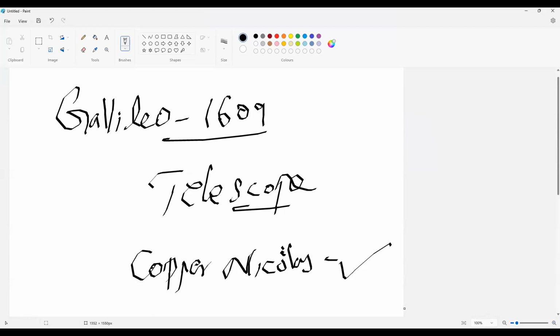After developing the telescope, Galileo told the world that the heliocentric theory is the perfect one. You should believe that Copernicus is an absolute scientist in this area, who identified that the Sun is at the center and all other planets are revolving around the Sun.